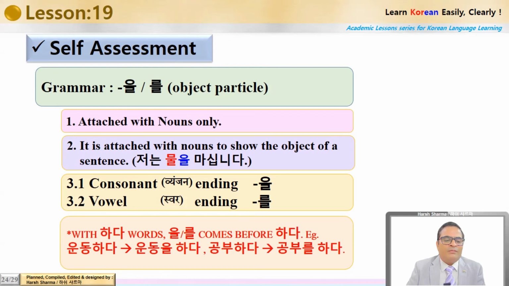See point 3.1. For the conjugation, when there is a 받침 consonant ending, add ul. When there is a vowel ending, add ril. With the hada words, ul, ril comes before hada. Example, 운동하다 will be 운동을 하다, 공부하다 will be 공부를 하다.